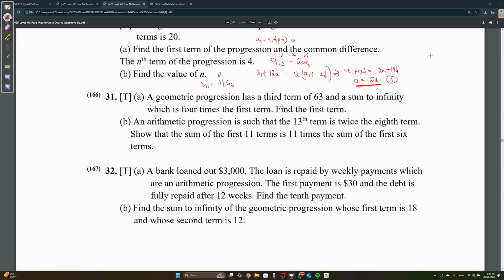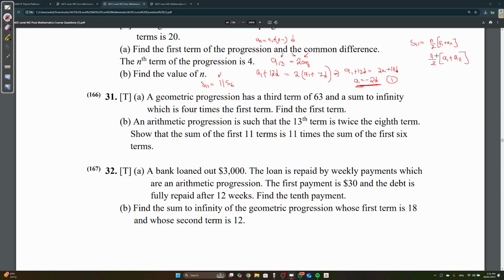What's S11? What's S6? S11 is equal to n over 2 times (a1 plus an). That's the formula. So we're going to do 11 over 2 times (a1 plus a11). Why aren't you using n over 2 times (2a1 plus (n minus 1)d)? I guess you can use it, but it's the same thing.